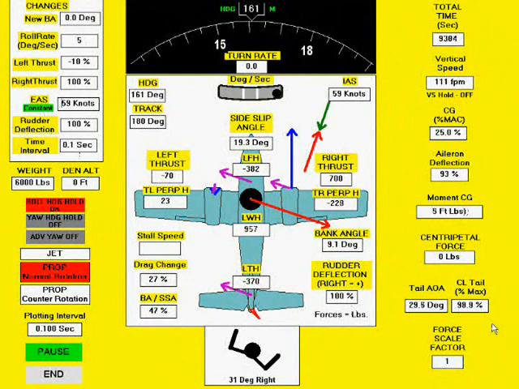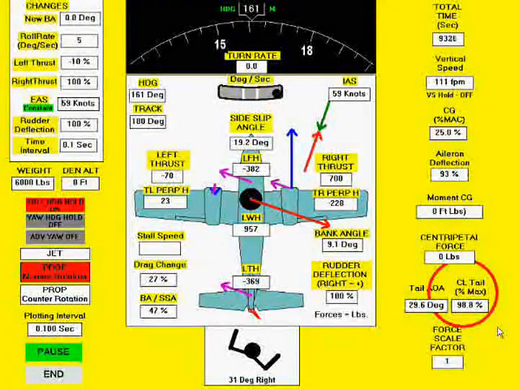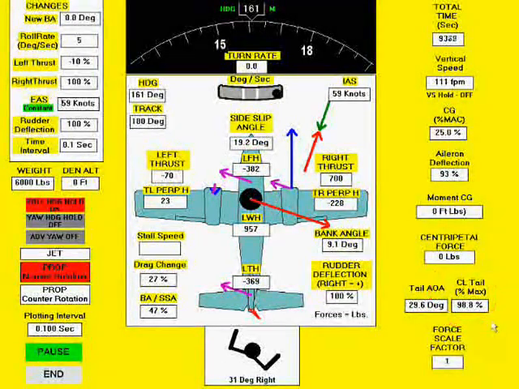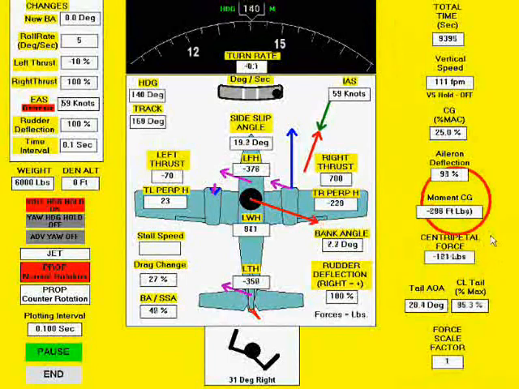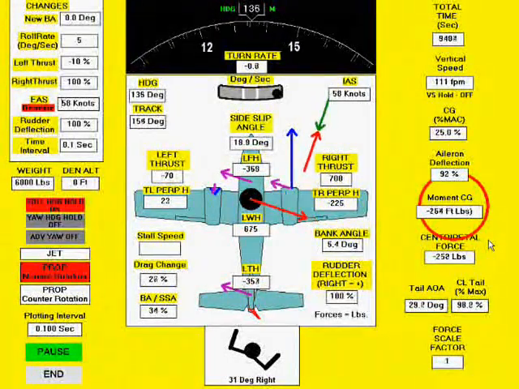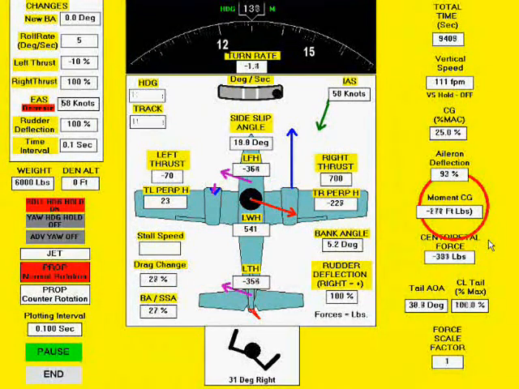At 59 knots and 9 degrees bank angle, we see that this VMC value is very close to tail stall. A further reduction in airspeed causes the tail to stall, resulting in a large moment about the CG and an uncontrolled rate of turn.